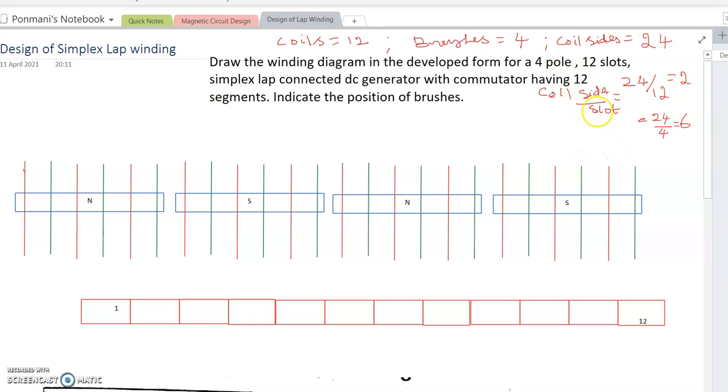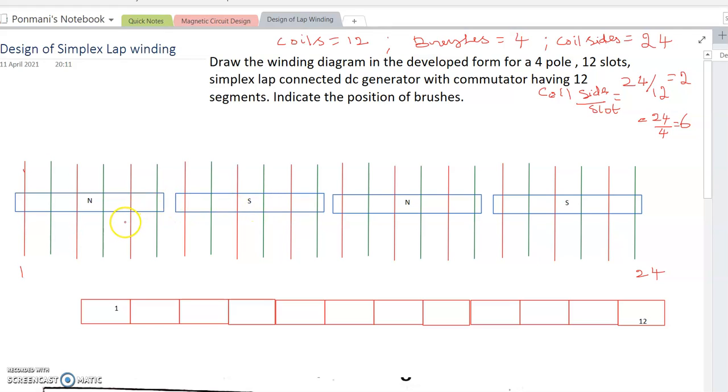And coil sides per pole is 6. So 6 coil sides per pole: north pole and south pole, north pole and south pole, 4 poles with 6 coil sides per pole and 2 coil sides per slot. So it is coil sides 1 to 24, 12 slots, 2 coil sides per slot, 24 coil sides, 6 coil sides per pole.